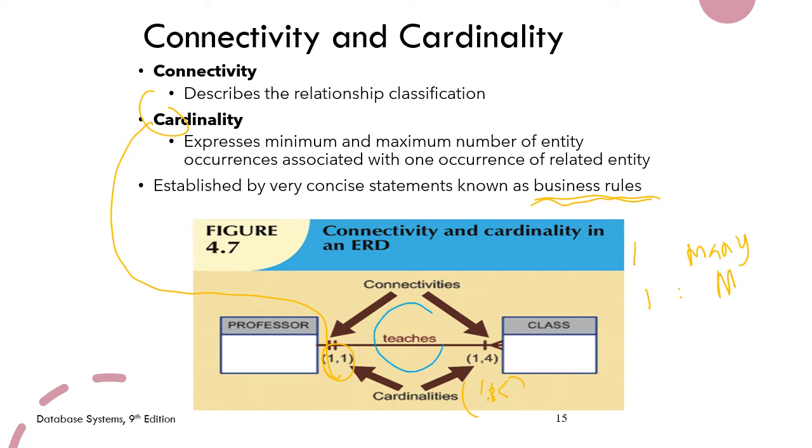Remember, this is a relationship. And in the relationship, you can define the connectivity and also the cardinality. Connectivity is the classification, and cardinality is the precise minimum and maximum value of the entity occurrence.